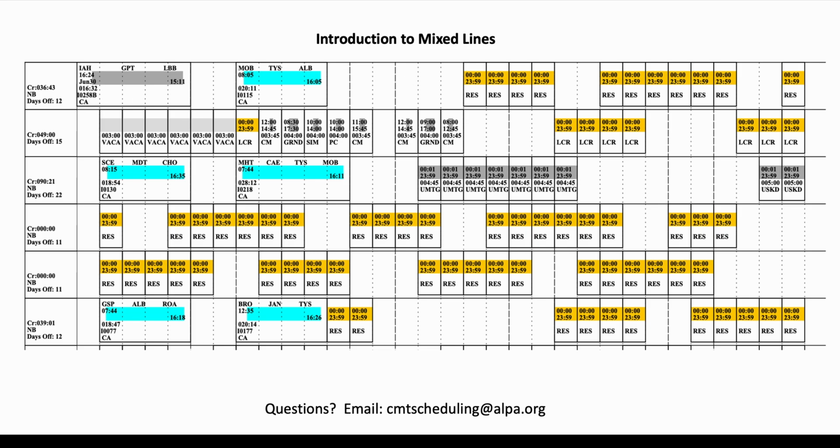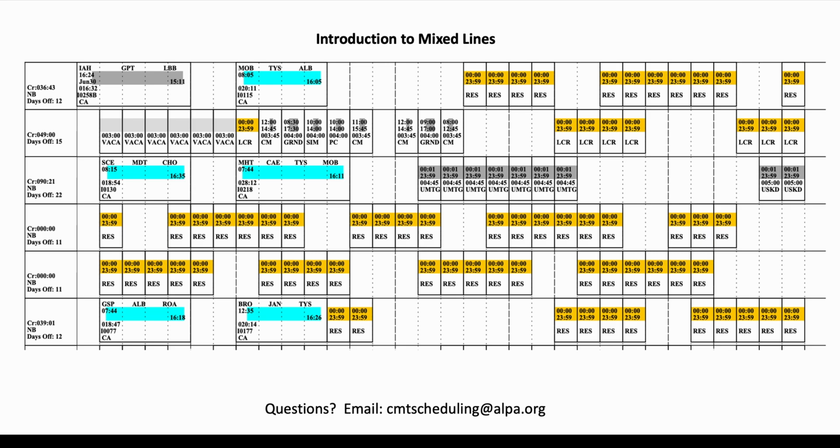And that's not always a guarantee. As many of you are aware, it is legal for the company to shift reserves around after the fact. We'd expect to see that in the same situation in the new PBS system, which is why even if you do bid off for some days, there's no guarantee that you won't get some reserve assigned to those days off that you've bid for.